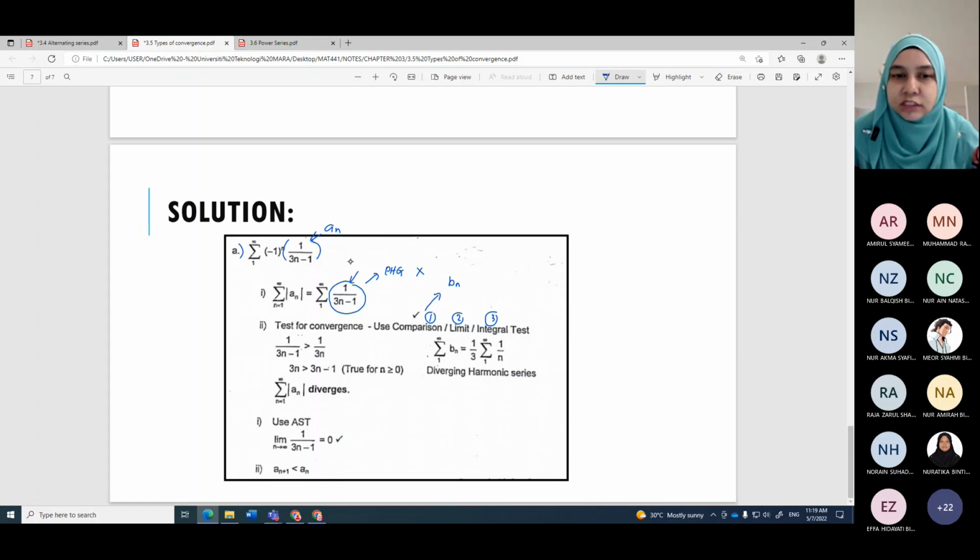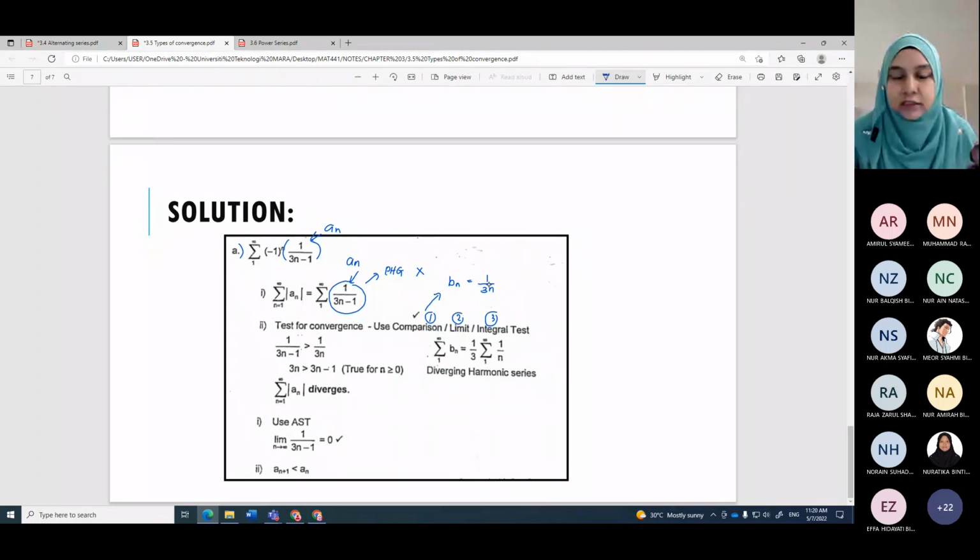Okay, so kat sini 1 over Bn is 1 over simplest function for ni An. Okay, kita tengok yang bawah ni 3n minus 1. So dia akan jadi 3n. Boleh untuk ni comparison ni.